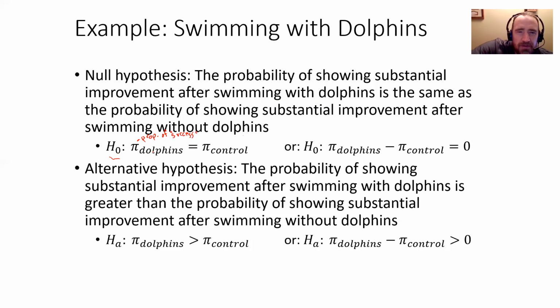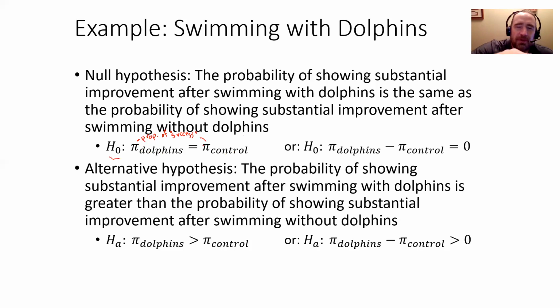So what does the dolphins subscript mean? Well, this is the group that swam with the dolphins. So we're talking about the proportion of success for the group that swam with the dolphins equals, once again, pi, the proportion of success that did not swim with the dolphins, swam without the dolphins, I should say. Now, don't forget, this is proportion of success in the population.